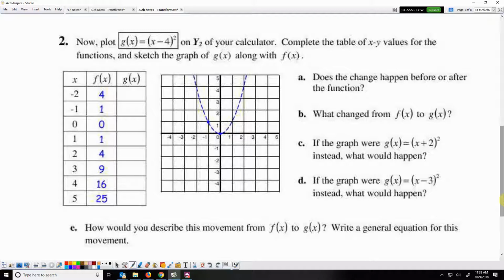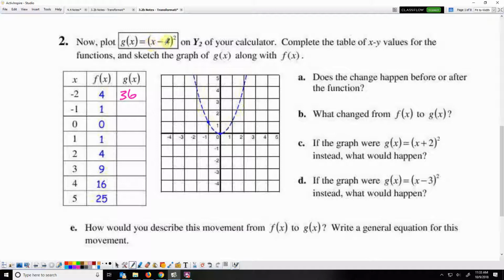All right, so the next one, we start with this square function again, this parabola, and this time it's x minus 4 squared. So if x is negative 2, minus 4 is negative 6, squared is 36.